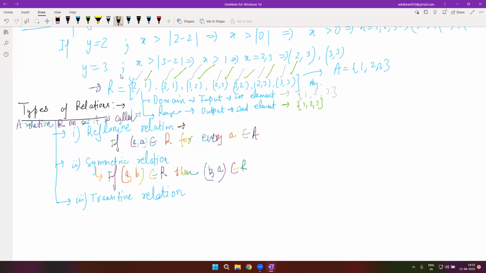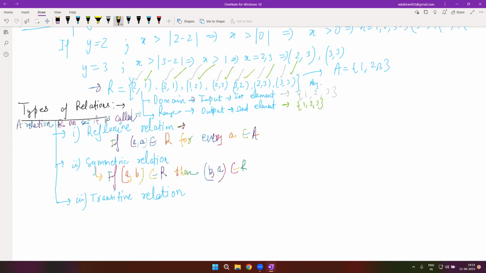If it's there, then we will check another pair, and we will try this out on each pair. Right? So let's take 3, 1. Then for 3, 1, 1, 3 should be there. Now you can see that there is no 1, 3 here. Hence, this relation is non-symmetric. If there is one pair which is not following the rule, then the relation is non-reflexive or non-symmetric, right?